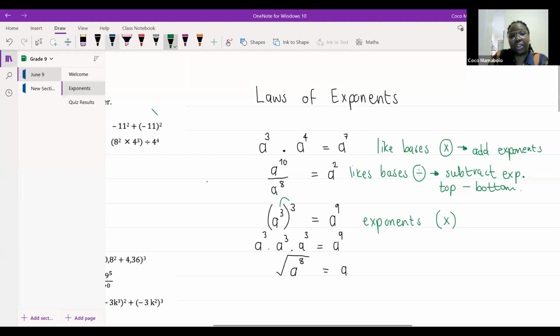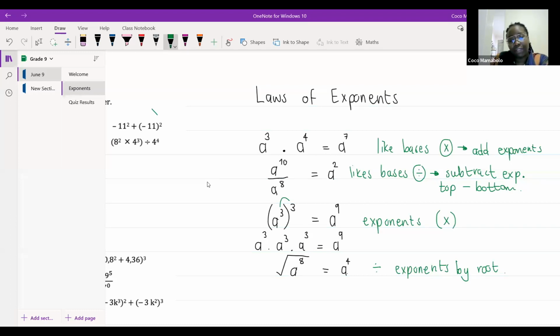I know I'm going to get A to the power of 4, but what did we do to the exponent? Did we just minus 4 to get A to the power of 4? Good, that's what he said. We divided by 2. So we divide the exponent by the root, not by whatever number we feel like.